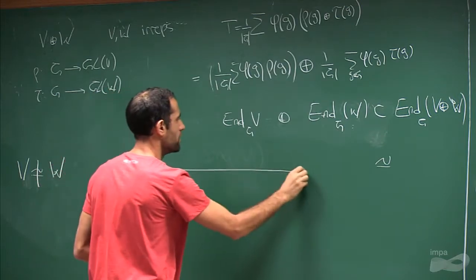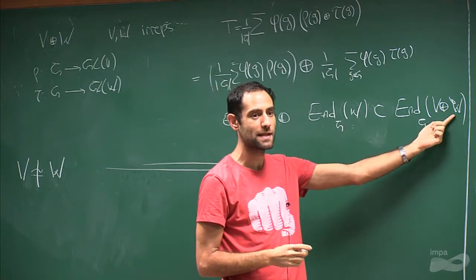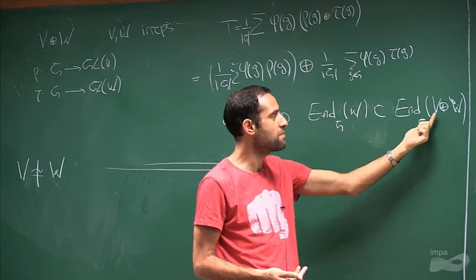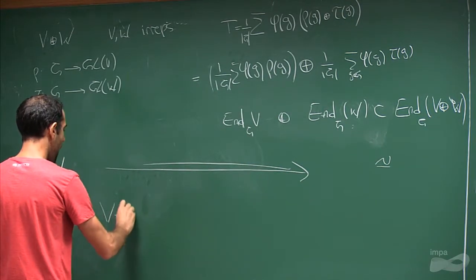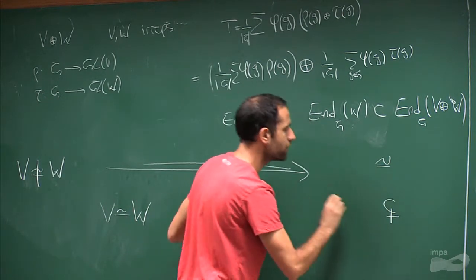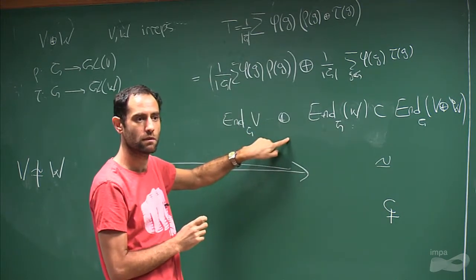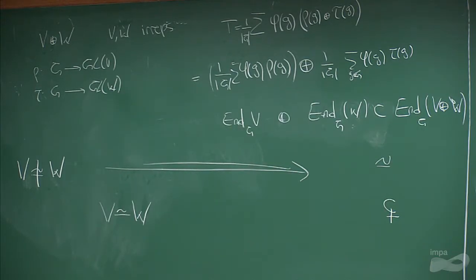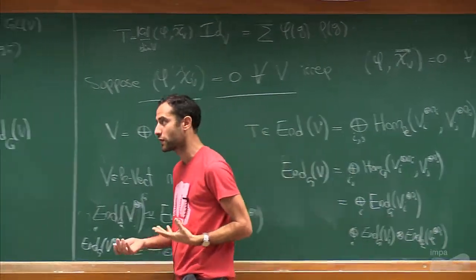So if V and W are not isomorphic, then any endomorphism of V plus W that commutes with G is an endomorphism of V plus an endomorphism of W. But if V and W are isomorphic, then this space is strictly larger than this space. However, by construction, our T was already in this space. I constructed this as a sum. So I don't need to worry about this K to the Ni, which are this component. That's why this space is strictly larger.